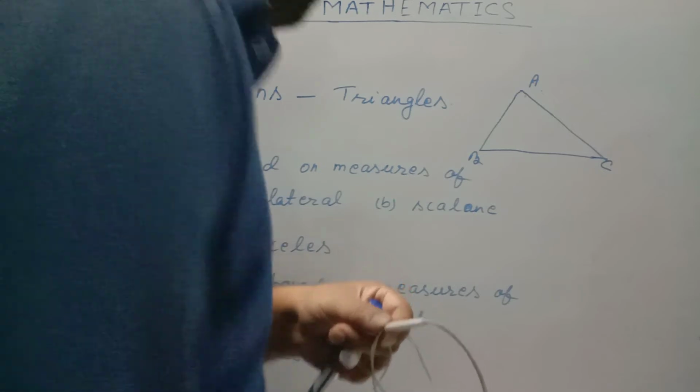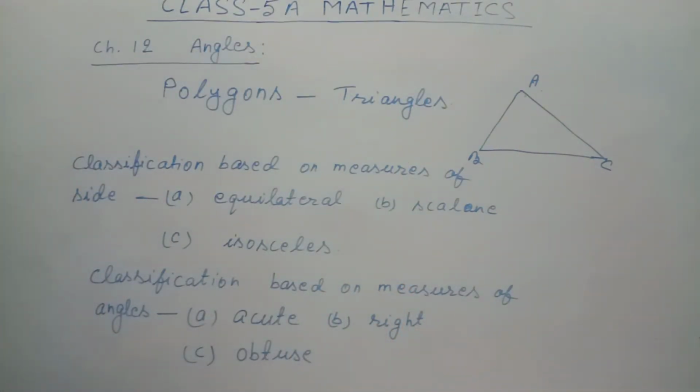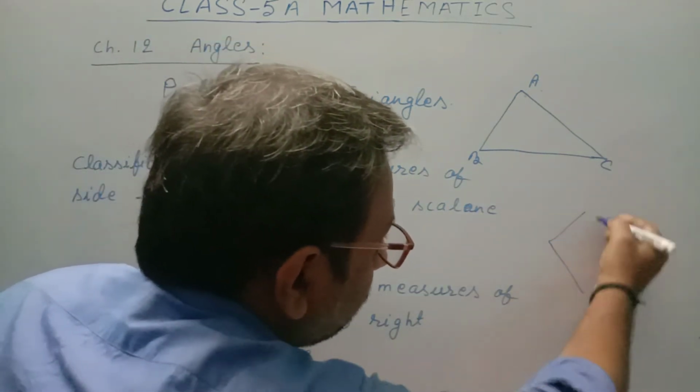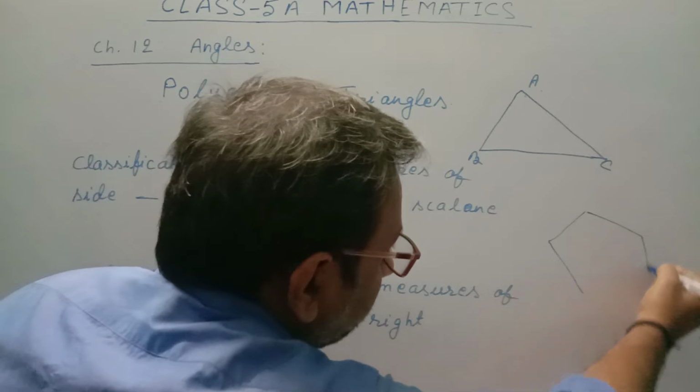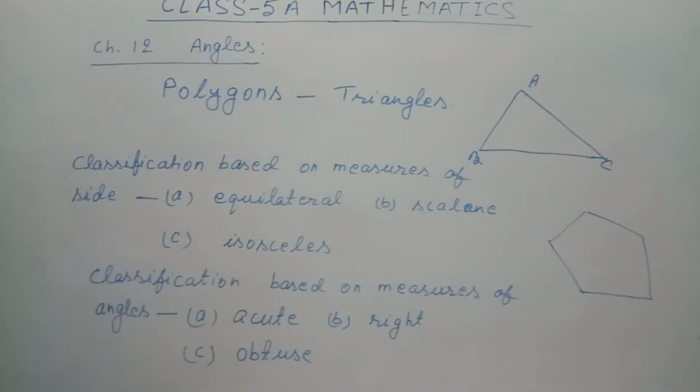Now our next topic is triangles. Before understanding triangles, we should see the definition of polygons. Polygons are simple closed curves made by line segments that do not intersect each other, that do not cross each other.